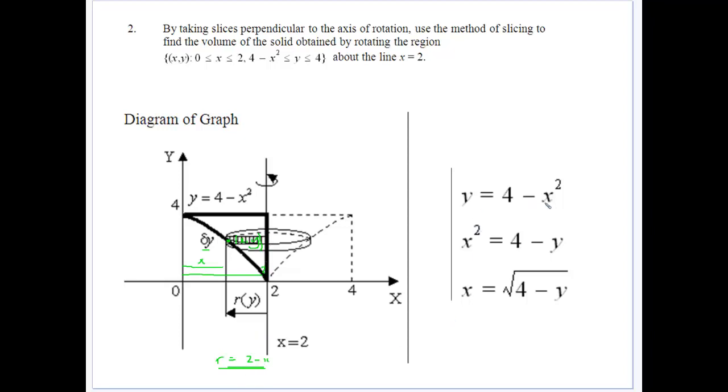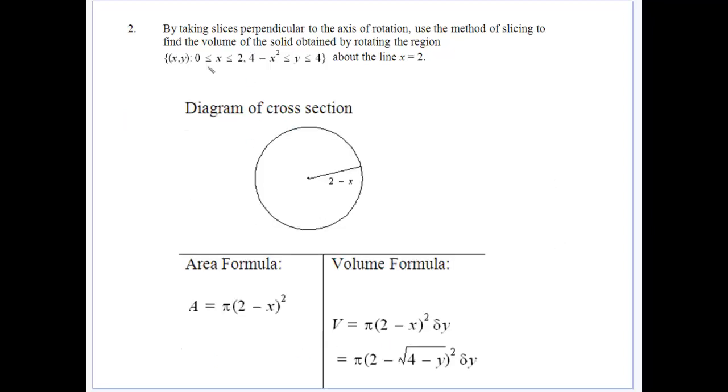We do our manipulation of y is equal to 4 minus x squared. So x squared equals 4 minus y, or x is equal to the square root of 4 minus y. We need to do that when we get our cross section of 2 minus x, our area of pi times 2 minus x all squared, and the volume is in terms of delta y.